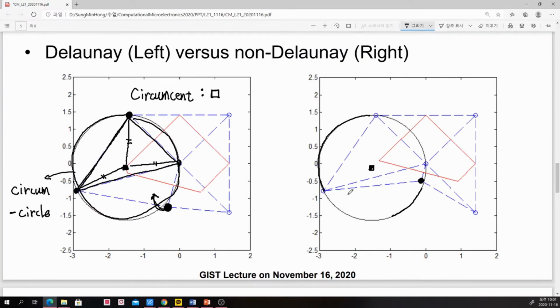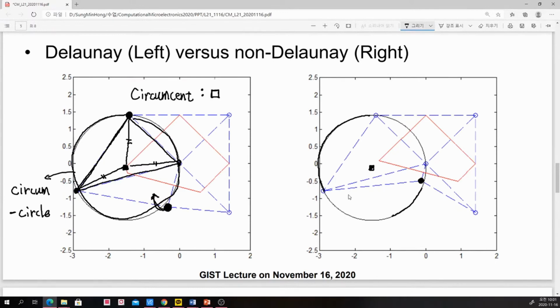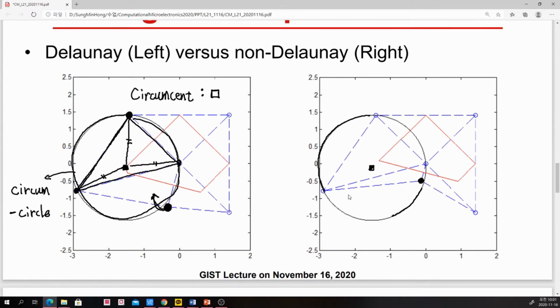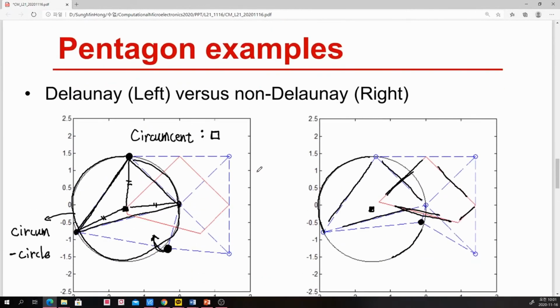So in this case, when you evaluate your Voronoi volume, and the Voronoi volume has many sides, the triangle sides and Voronoi volume sides do not correspond to each other. So that is the problem.